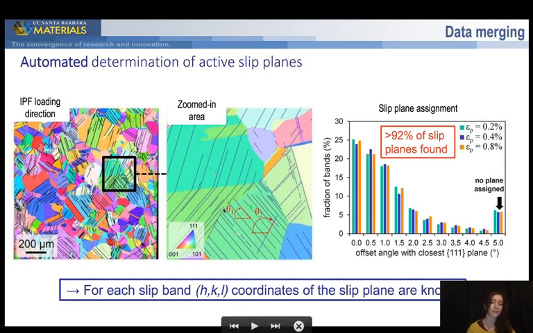In these kinds of materials, we know that 1-1-1 planes are the slip plane candidates. We generate what traces those planes would have on our sample surface. We compare all those 4 traces with the experimentally measured trace through this theta angle, and then assign a plane if there is a match among the 4 candidates. This procedure is pretty fast and quite efficient, since we're able to find over 90% of the slip planes.